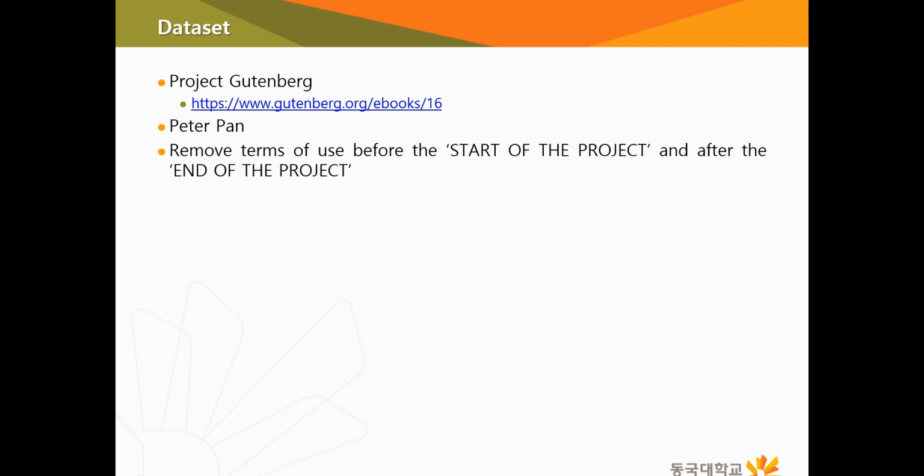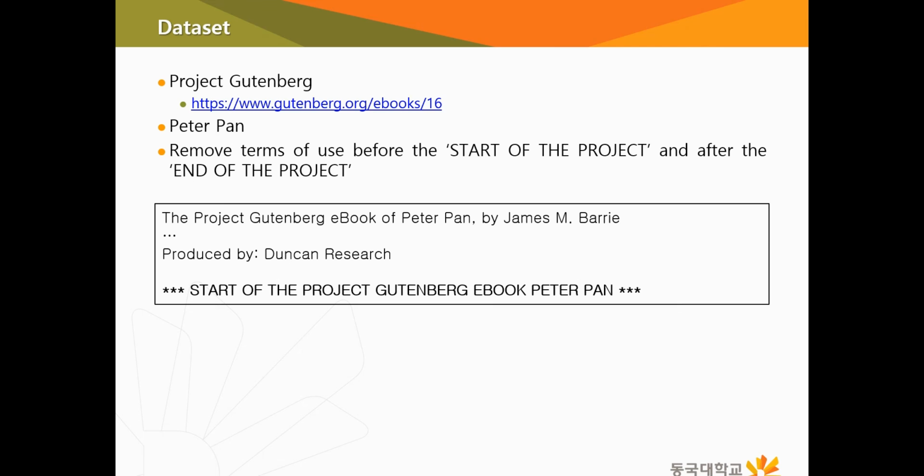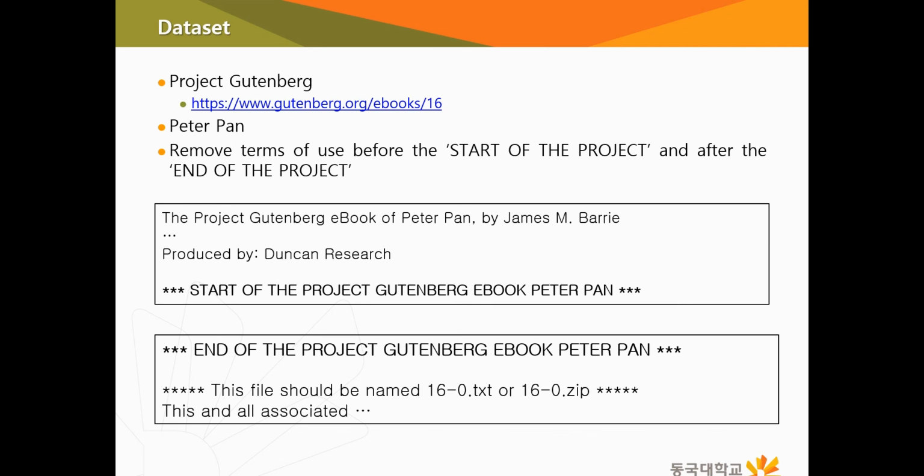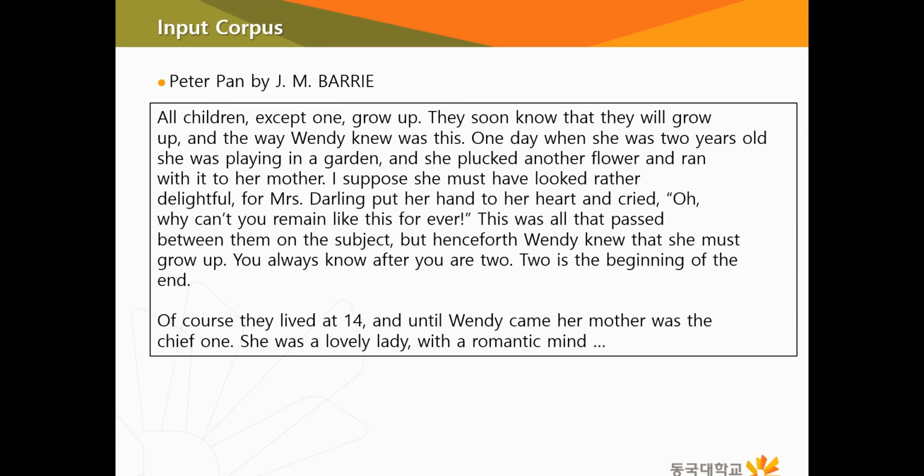And for this project, I have used Peter Pan, and before you train on the corpus, you need to remove the terms of use before the start of the book and after the end of the book to make the performance better. And the input corpus, if you're familiar with Peter Pan, goes as follows.